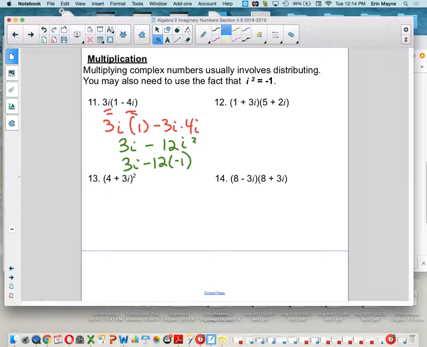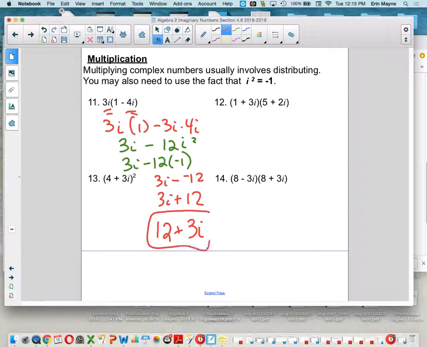Again, you won't always have to show all these steps, but this is 3i minus what kind of 12? Yeah, -12, but that's really 3i plus 12. And I'm going to always get in the habit of writing my answer in standard form. So can I leave it like that? No, I need to flip it. 12 plus 3i.